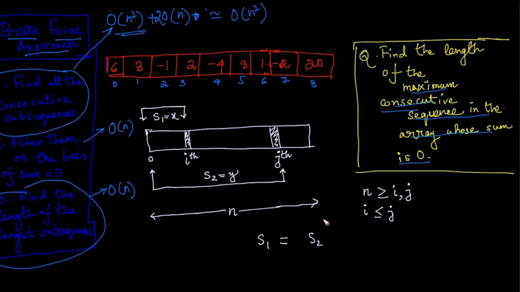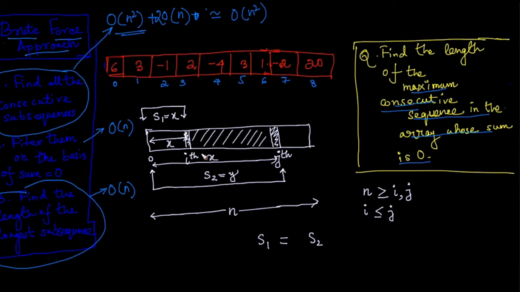If S1 is equal to S2, that means we are basically saying that till this part, the sum is, let's say, X, and till this part also, the sum is X. That means in between, whatever numbers we have added had basically no effect on the cumulative sum.